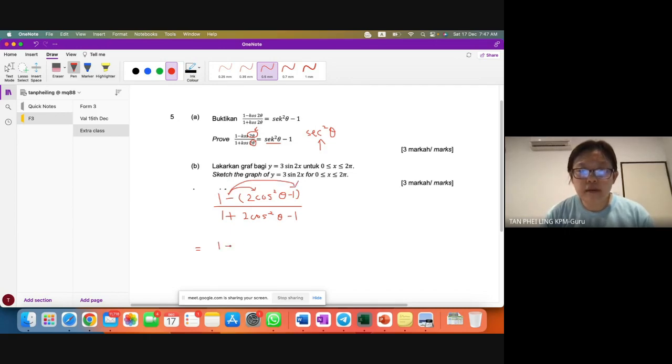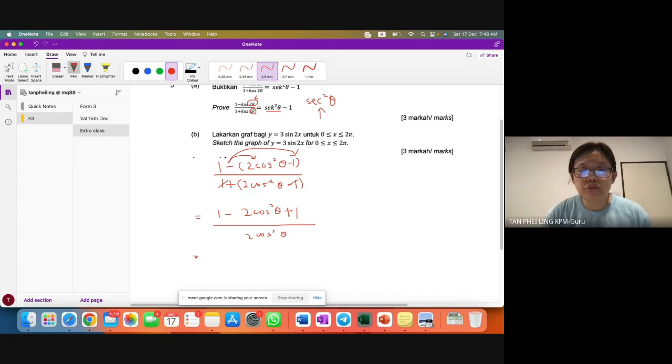So you have 1 minus 2 cos square theta, and then become plus 1. And then the bottom one, you will have 1, because it is plus the whole thing, still the same. So 1 minus 1, you're left with 2 cos square theta. Am I right? Okay, so the good news here is we can make 1 plus 1 become 2.